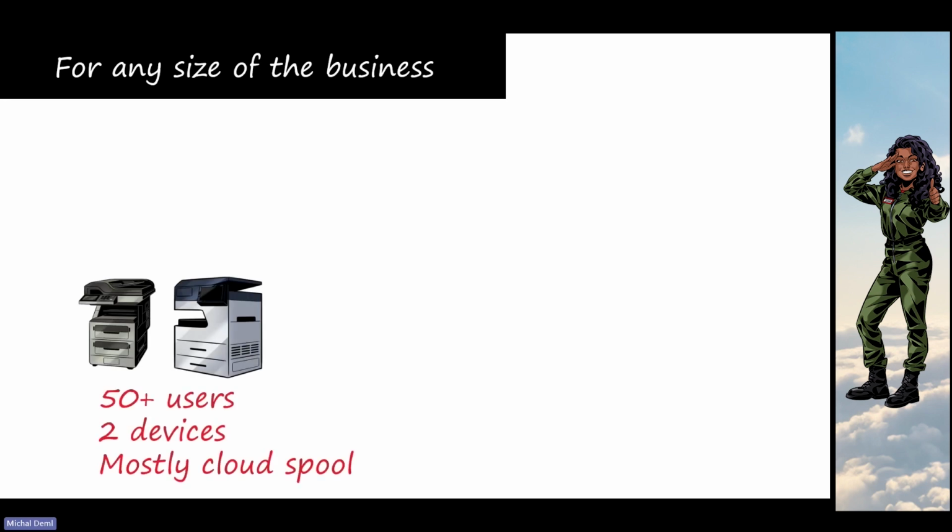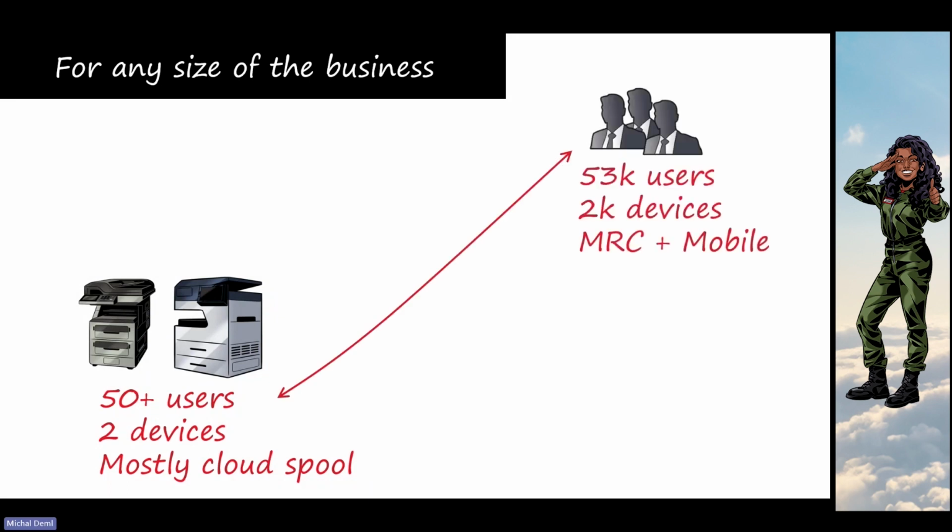When you're talking about a typical small customer, let's say a customer of around 50 users and 2 MFDs, they mostly have everything in the cloud because they simply do not want to have additional infrastructure. But at the same time, one of our biggest customers of MyQ Roger has currently onboarded 53,000 users and over 2,000 devices, using MRC and mobile phones and managing everything using Intune.